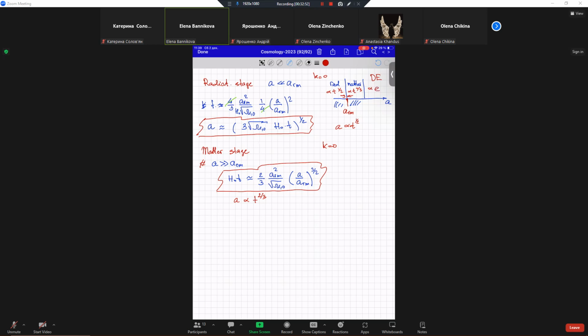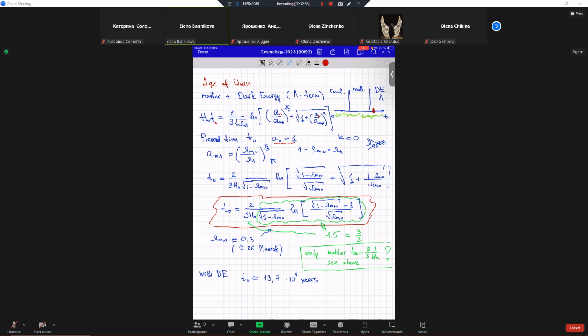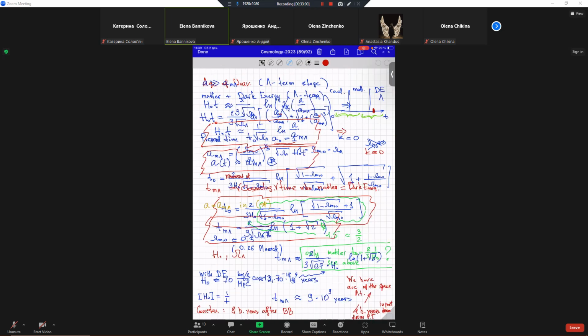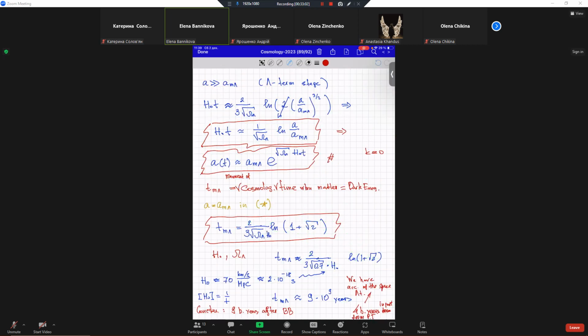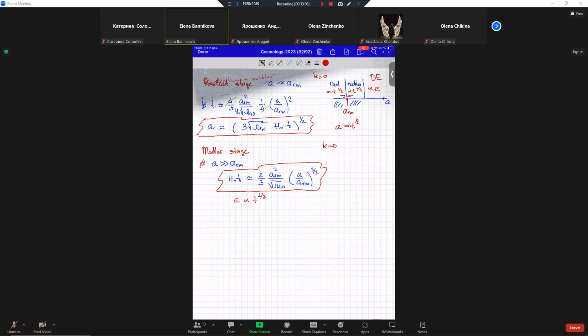So, it means in principle that we obtained it before. Just let's look at this one. You see, square root omega lambda H0 T. Okay, I don't have the possibility to write here.